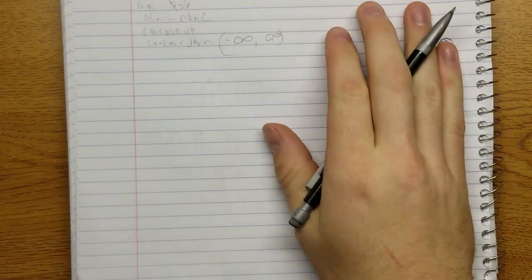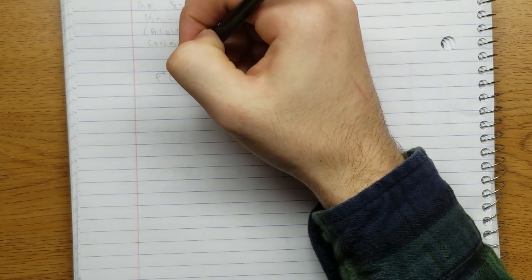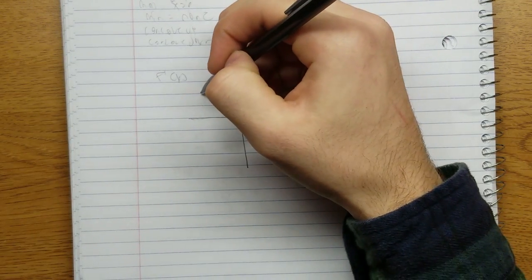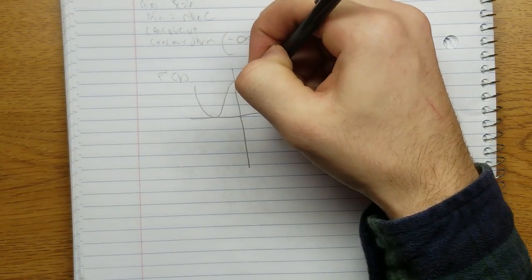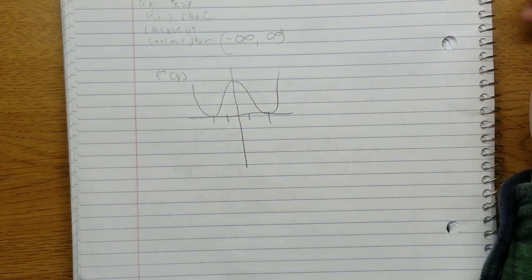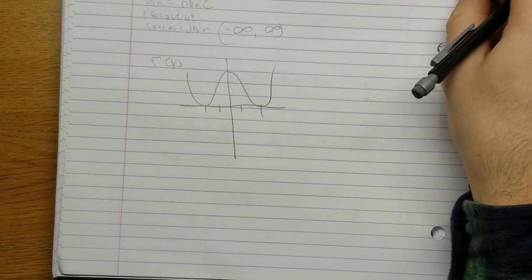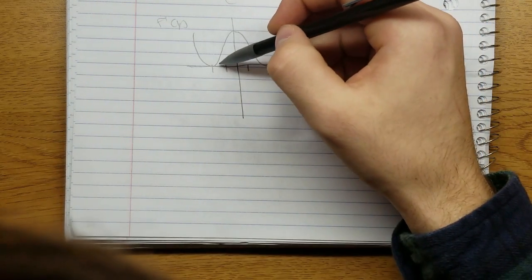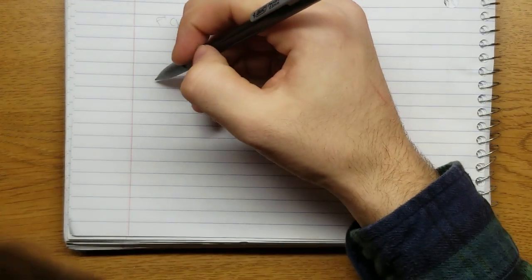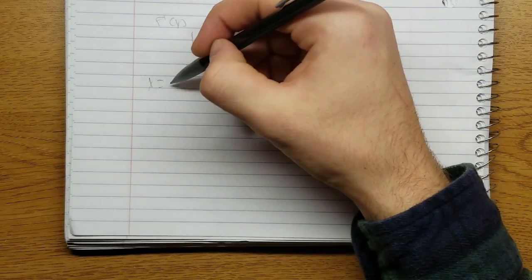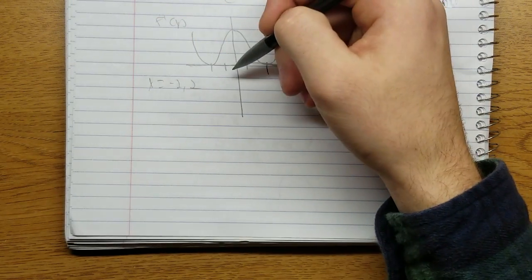Let's take a look at another graph that we might see, where f prime of x looks something like this. Okay. So again, we can find our critical values just by finding where y is equal to 0, or f prime of x is equal to 0. So that is at negative 2 and 2.